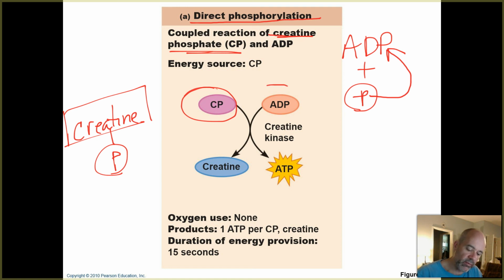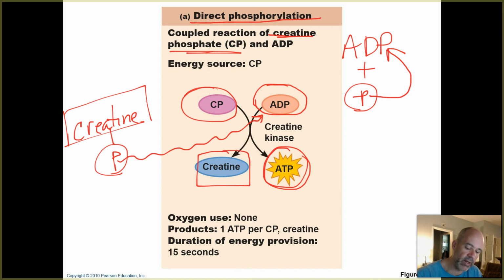And then inside your skeletal muscle fibers, you have ADP, and we need those to bond to phosphates, which you can do through the anaerobic pathway or aerobic cellular respiration, or they can also steal the phosphates off of the creatine. Those can be transferred to the ADP, and so now you have ATP and you have free creatine.